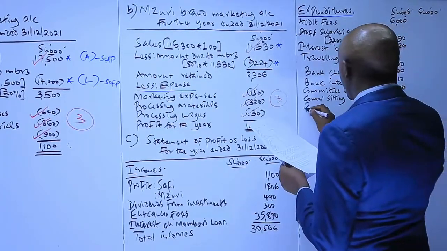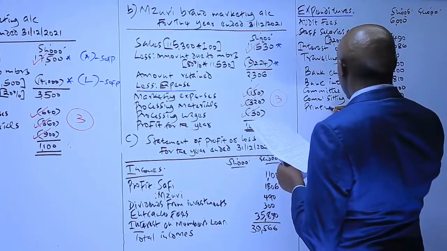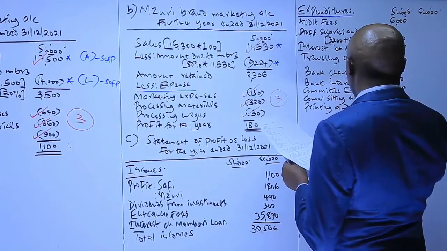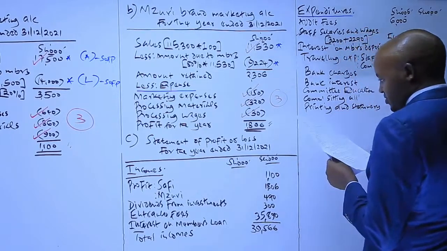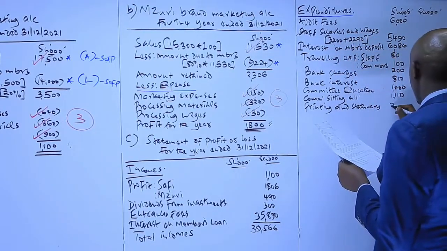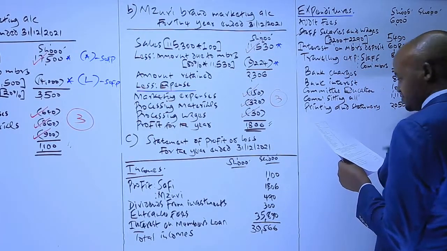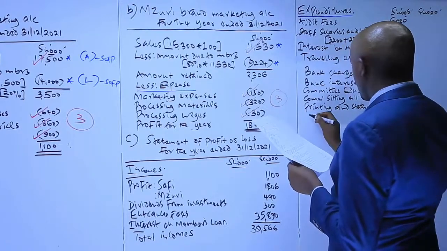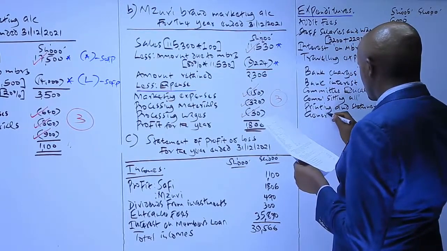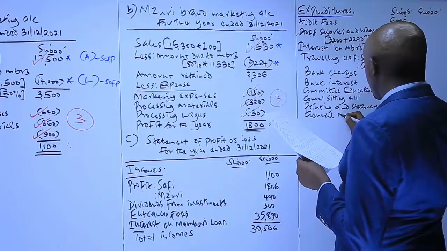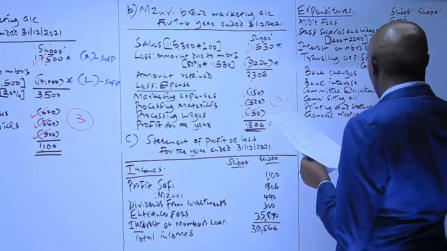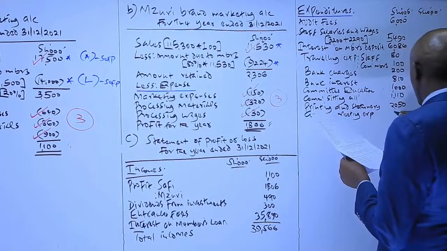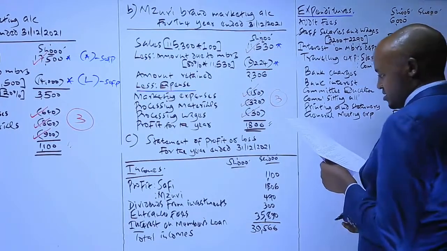And then we have printing and stationery, a figure of 2050. And then we have general meeting expenses, an amount of 500.